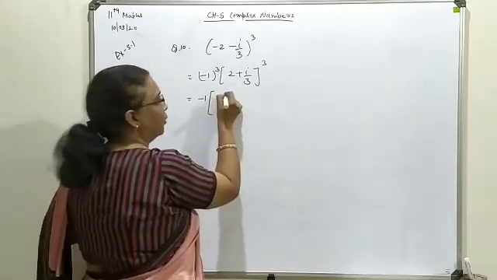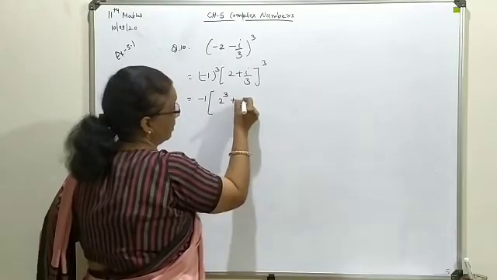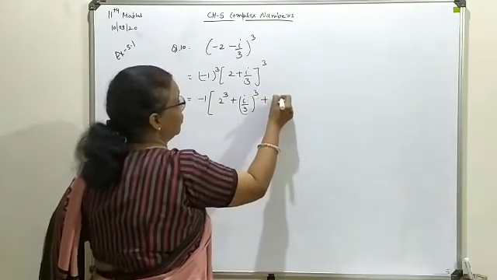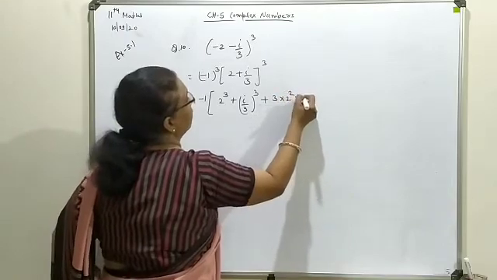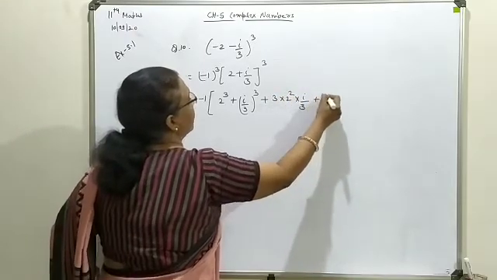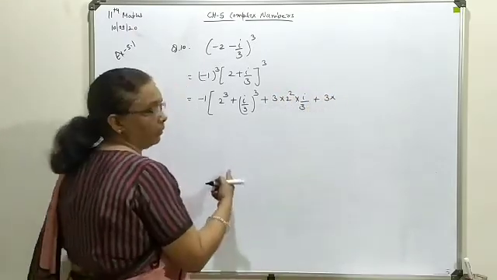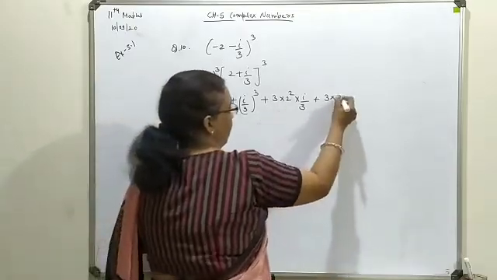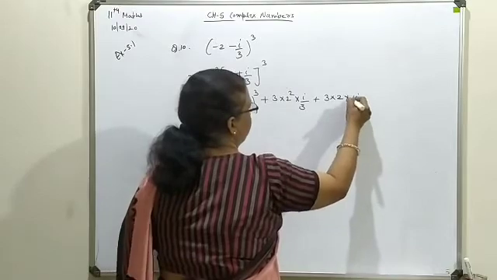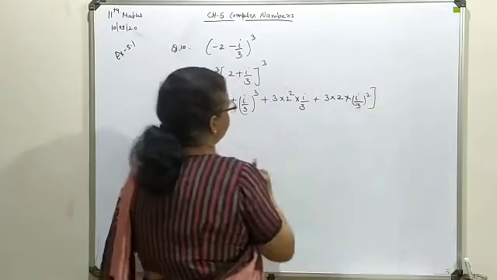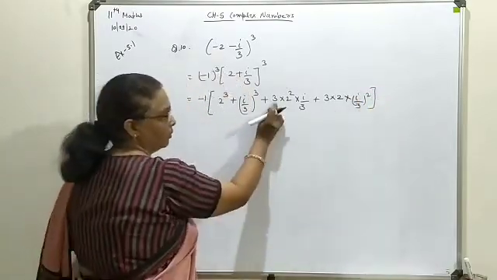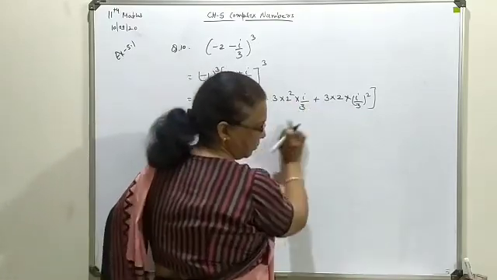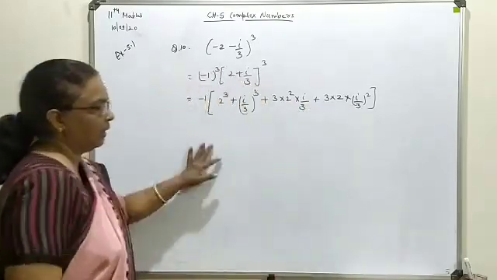That is 2 cube plus iota upon 3 whole cube plus 3 into 2 square into iota upon 3 plus 3, I hope you all are clear about the expansion of a plus b whole cube, so I am writing it, plus iota upon 3 whole square. A cube plus b cube plus 3a square b plus 3ab square. This way you will write its expansion.